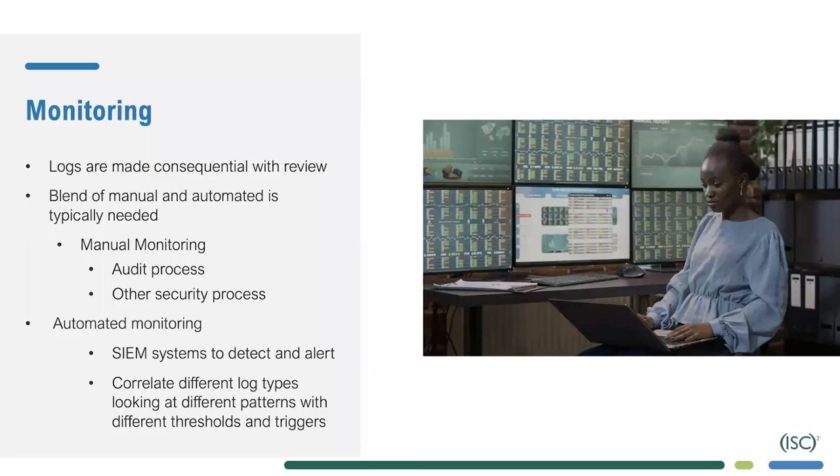We have SIEM systems, security, incident, and event management systems. These started out as very simple aggregating tools that would bring our logs together to protect them in one place. They then started to help us report against them. And ultimately now they help to correlate different log types and to identify patterns. And they can alert us. For example, if somebody creates a domain administrator account, then send the security team an SMS message or an email, some kind of alert.